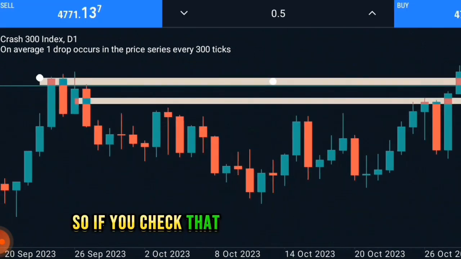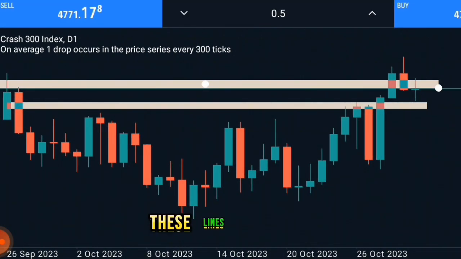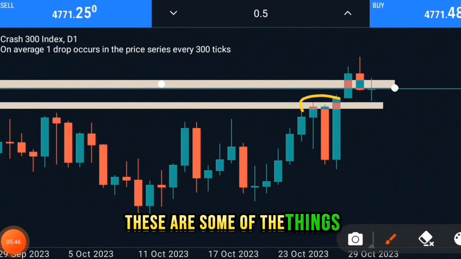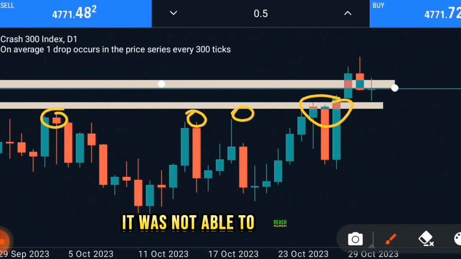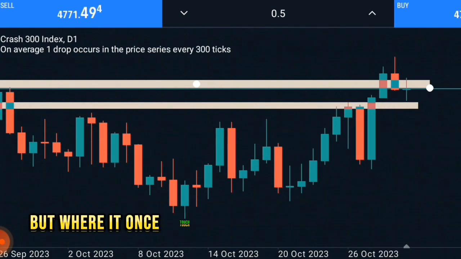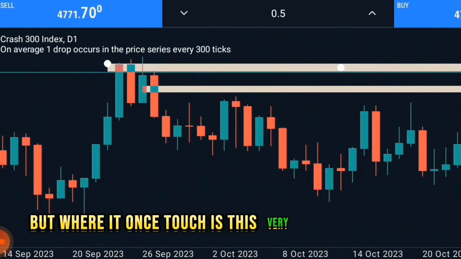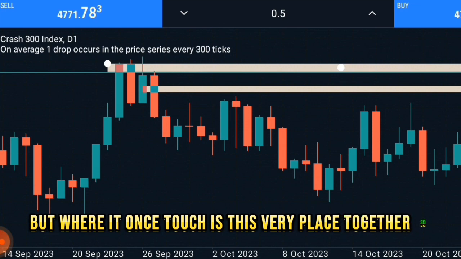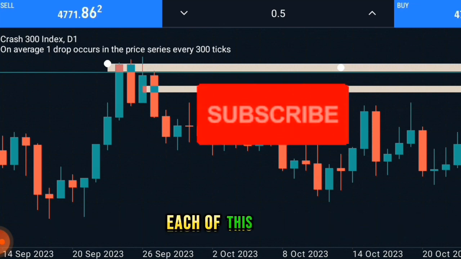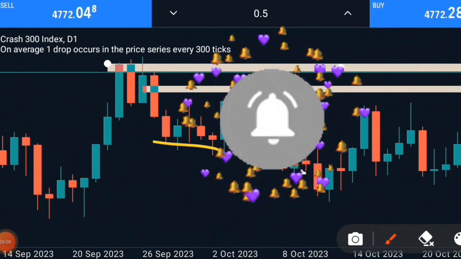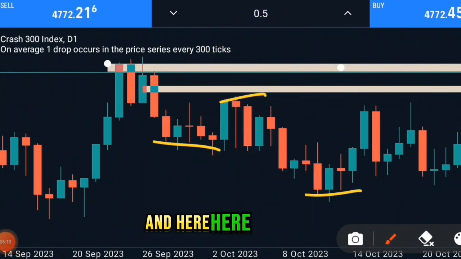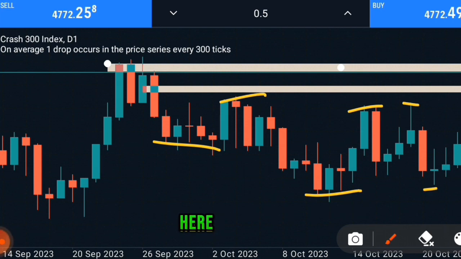So if you check that now, you will discover that these lines, follow me, are some of the things why people fell in the market. These lines, and it was not able to reach here, it was not able to reach here, it was not able to reach here, but where it once touched is this very place. Do you get that? So each of these moves, this place, and here, here, and here.